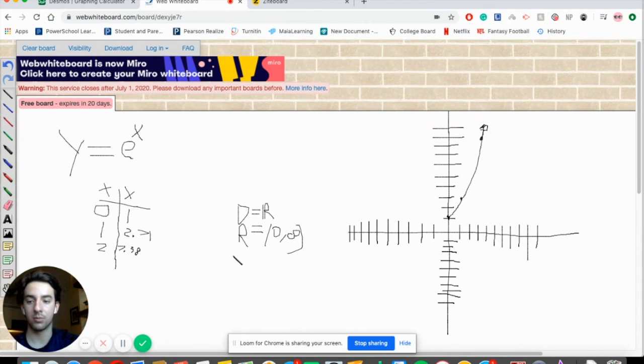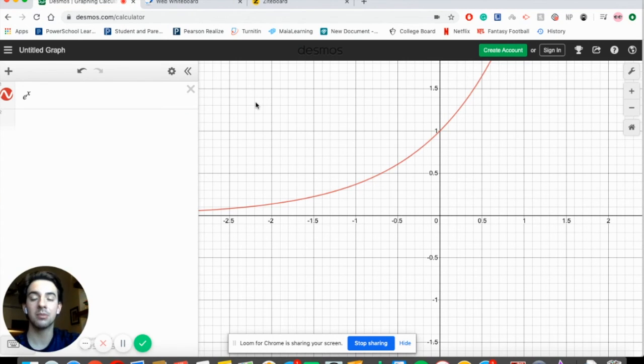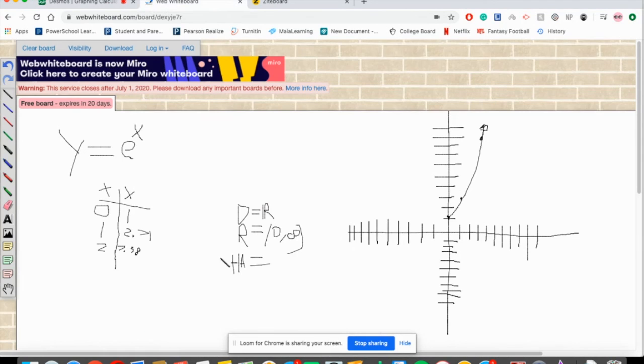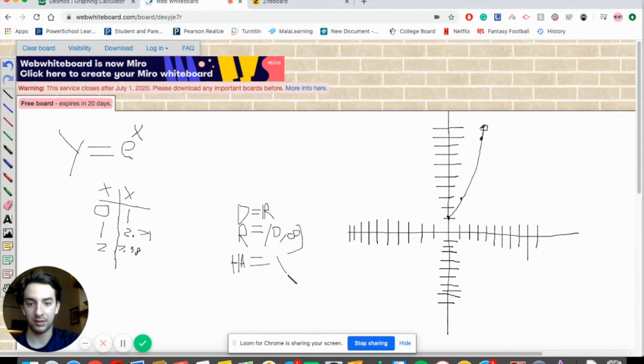And then for the horizontal asymptote, it has the same reasoning as well. As we also see on Desmos, the line seems to be approaching 0, but it actually never touches 0, meaning that that's our horizontal asymptote, which is going to be y equals 0.